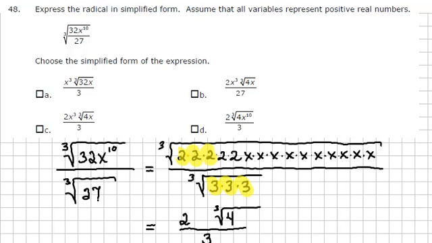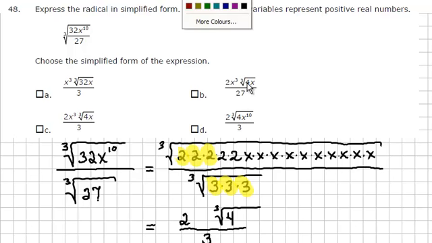The next thing that we want to do is to look at the x's. We've got 10 x's. What we want to do is to split it up into groups of 3 of the same thing multiplied together. So we can make 3 groups of 3, but then there will be 1 left over.